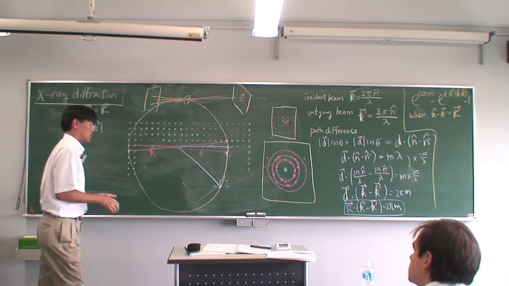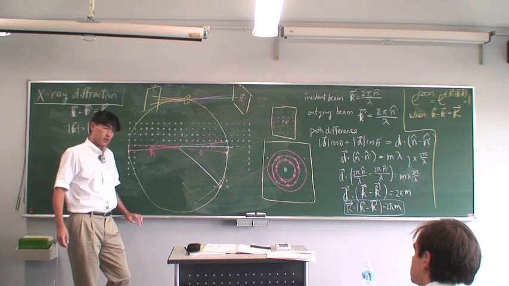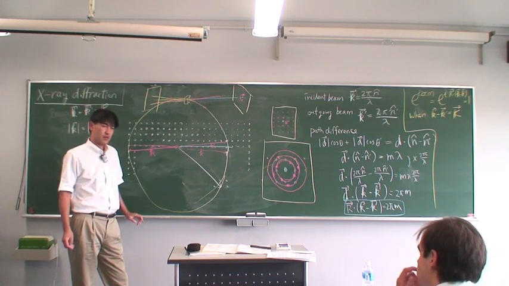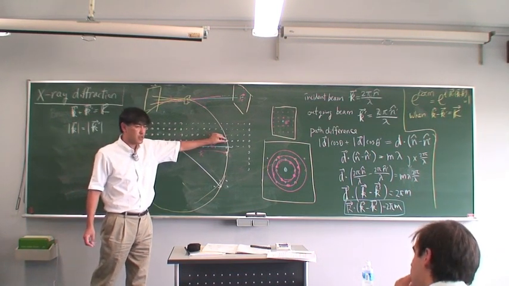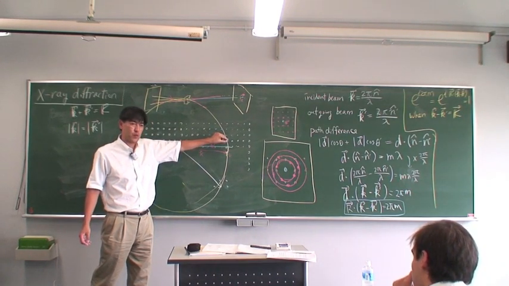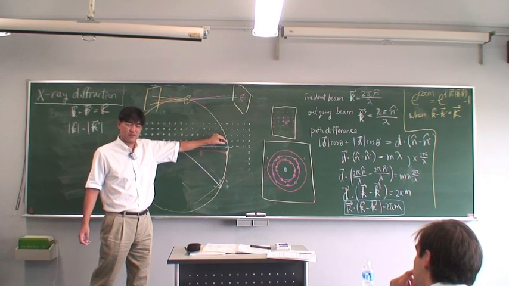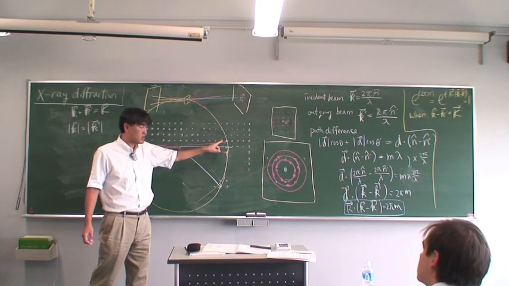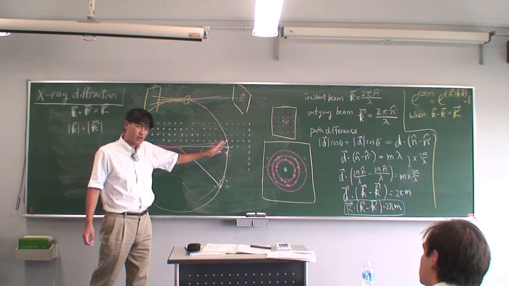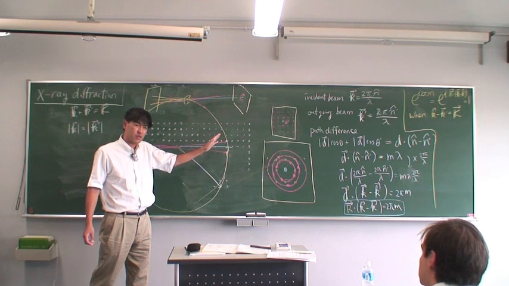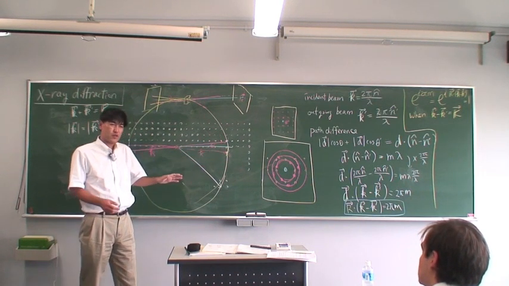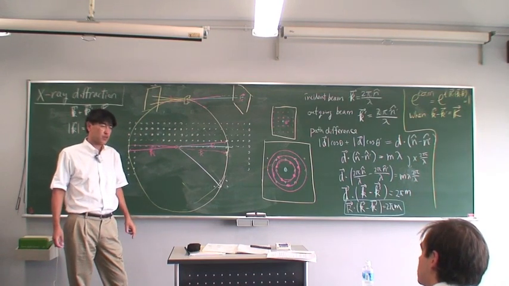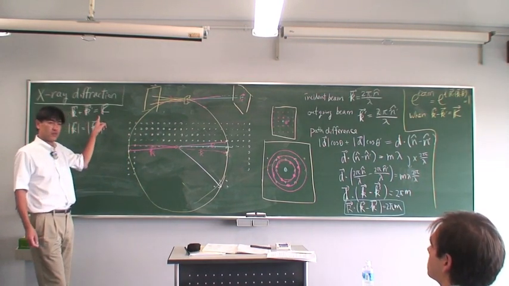Now let me go back to some mystery here. First mystery is, how large is each reciprocal lattice point? If this is infinitely small, then it never intersects with the sphere. If it doesn't intersect with the sphere, you never get constructive diffraction. This condition is not fulfilled.